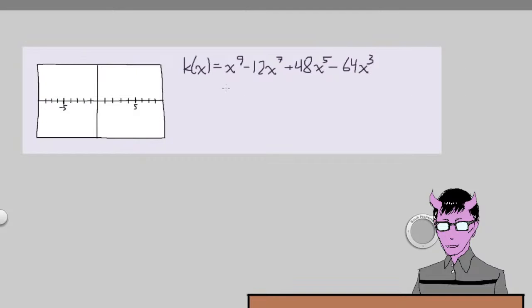So if we choose to factor by grouping, if we group those two, we can factor out the x power 7, thus getting x squared minus 12. That's not the best. And then if we group these two together, we can factor out 8x cubed, I think. No, we could do a little better than that. We could factor out 16. So if you factor out 16 from this term and this term, and we also factor out x cubed, what will we get?